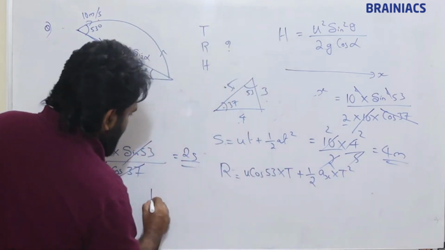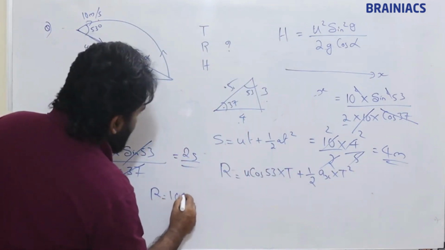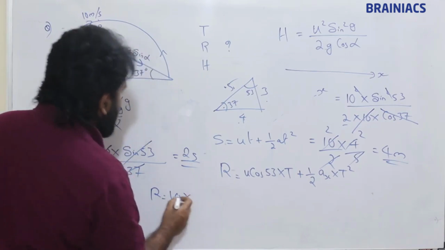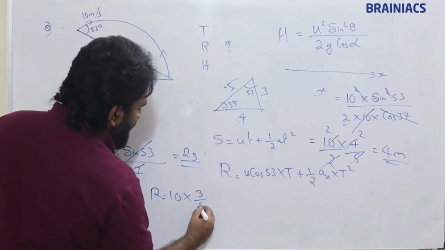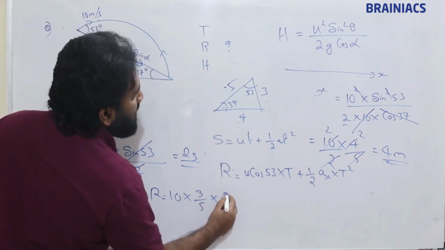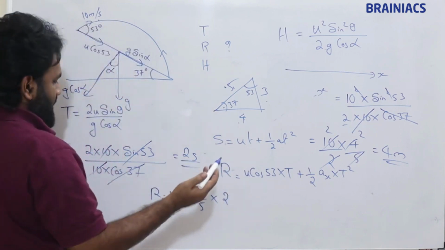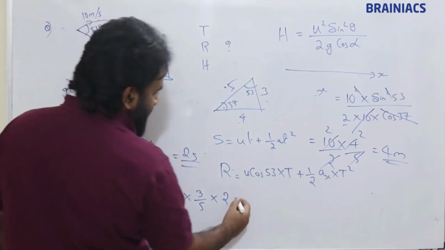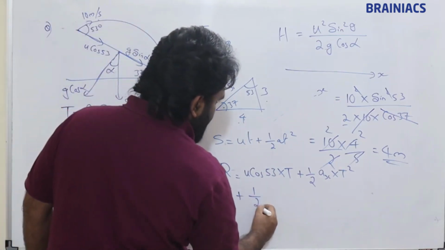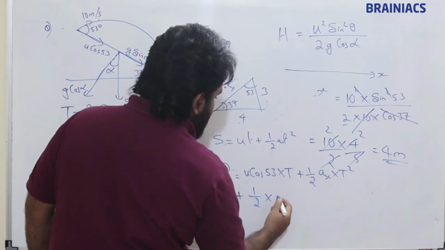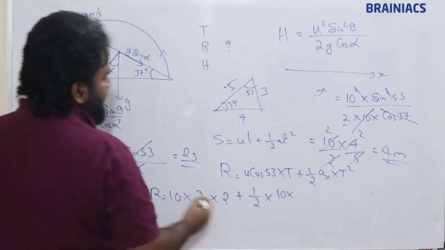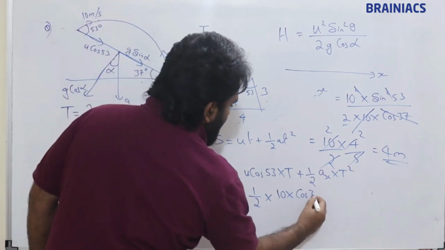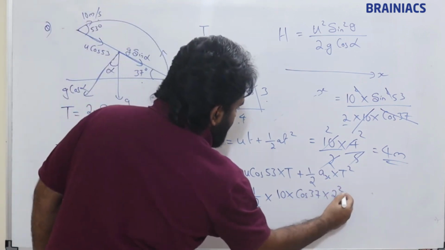So range is equal to 10 into cos 53, which is how much? 3 by 5, into time of flight, which is 2 seconds. We found 2 seconds, right? Plus 1 by 2 into g sin alpha, so 10 into sin 37, into 2 square.